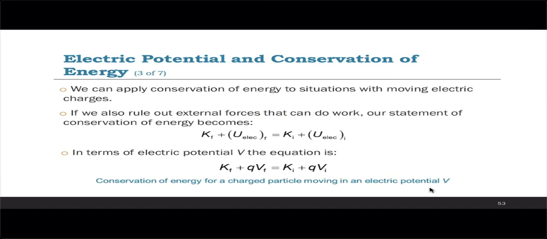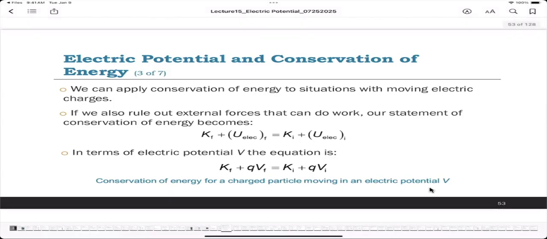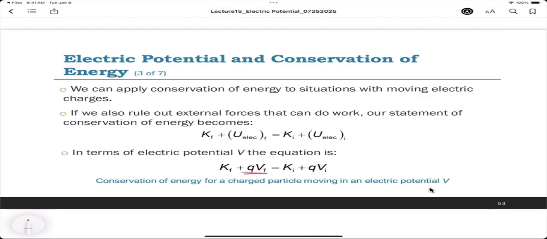In terms of electric potential V, because we can use this to represent this, we have these equations.